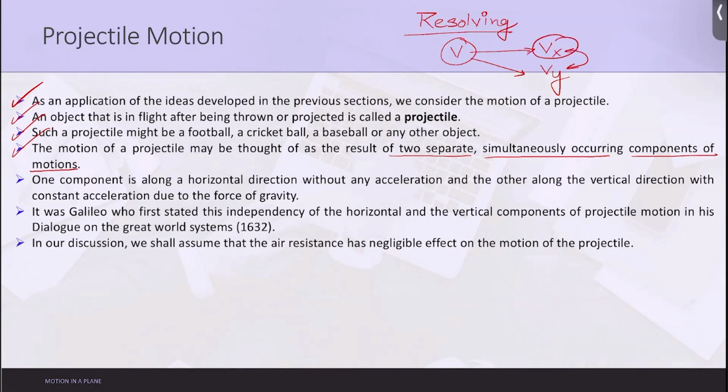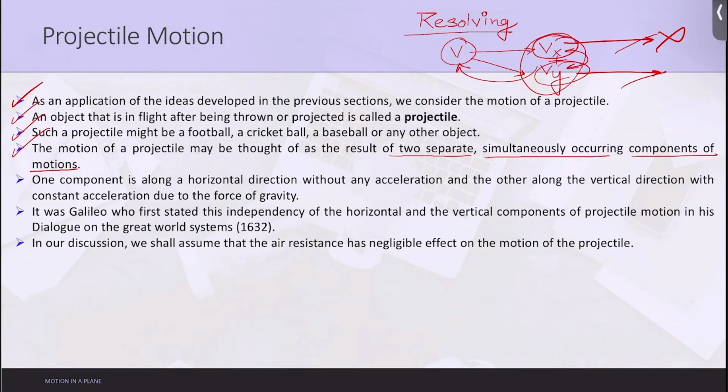Anything happening in this direction does not have any effect on what is happening in this direction. Finally, we can add both together in vector form and obtain V and, let us say, theta at any time t.